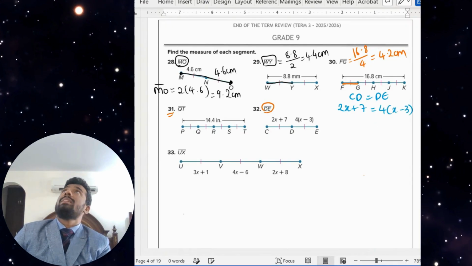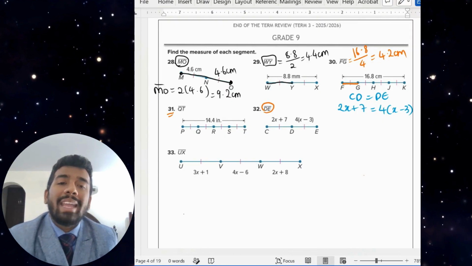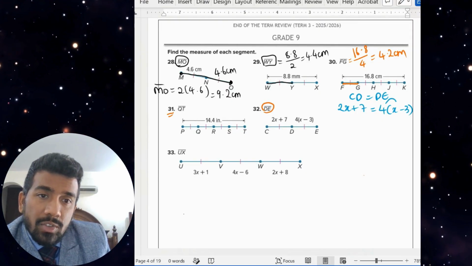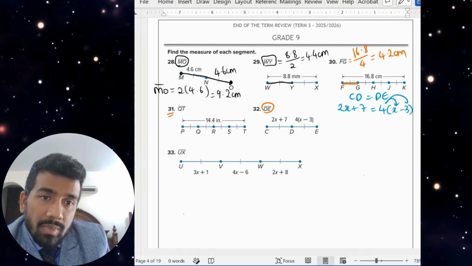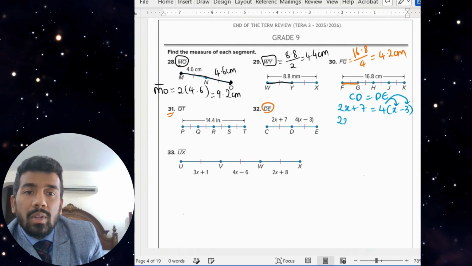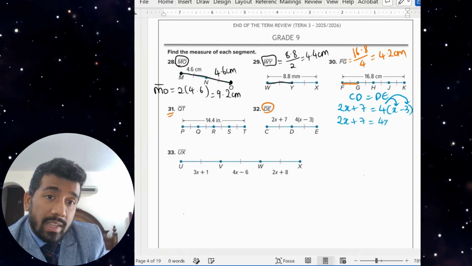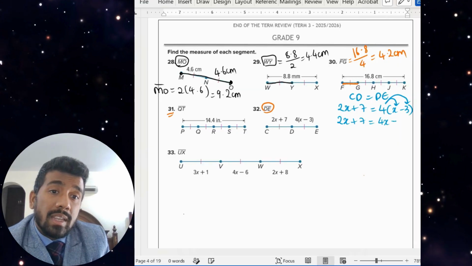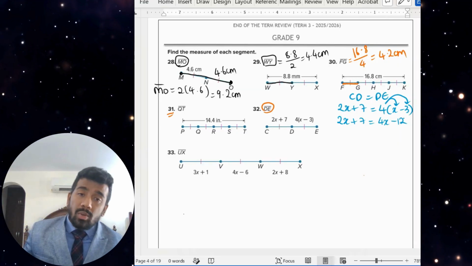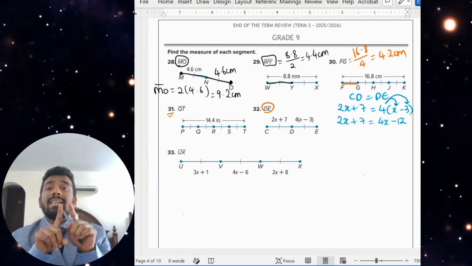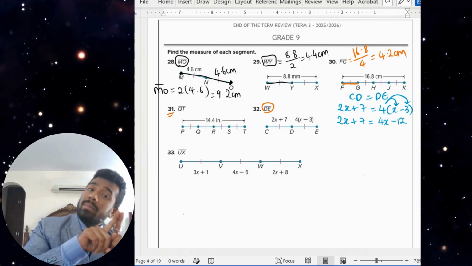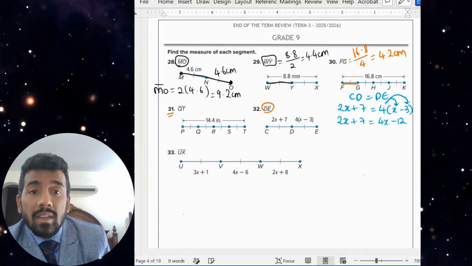How do you solve it? Just open the brackets. So 4 times x, 4 times minus 3. What do you get? 2x plus 7. What is 4 times x? 4x. 4 times minus 3, minus 12. Now what do we do after this? We bring x and x together, number and number together. How will I move it?